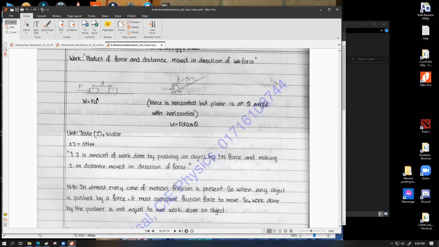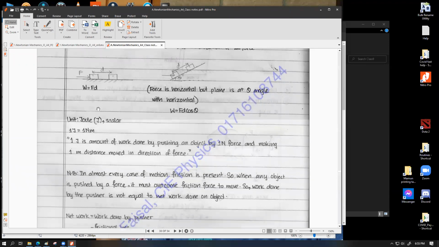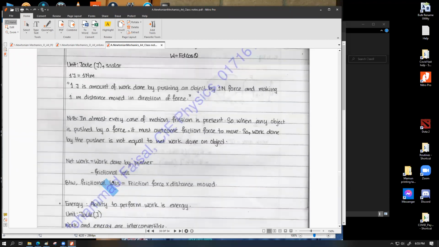Now, if one of them becomes reversed, for example the frictional force, then that friction force would work in the opposite direction of the displacement. The direction in which the object is going to move, the friction force will always work in the opposite of that direction. That's why the total product will give a minus value, and because of that minus value, we use the term loss. Loss means this is the amount of energy which will by default be wasted within the movement process.